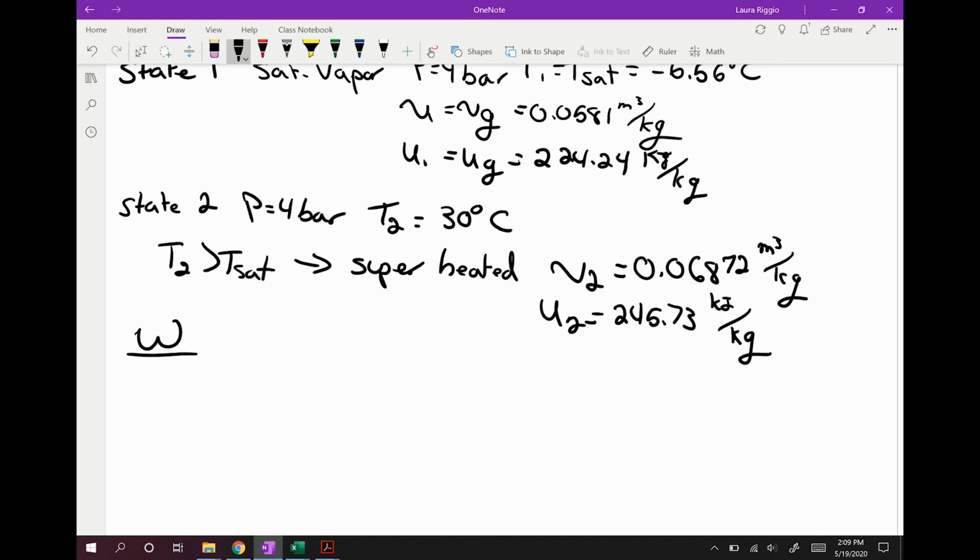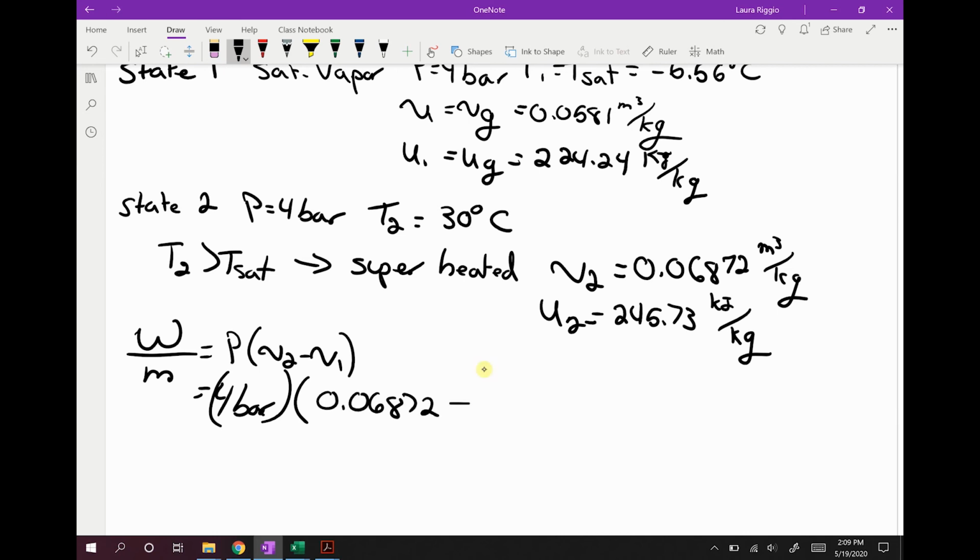So my work per unit mass is equal to my pressure times my change in specific volume, since it's a constant pressure process, which is 4 bar times 0.06872 minus 0.0581.